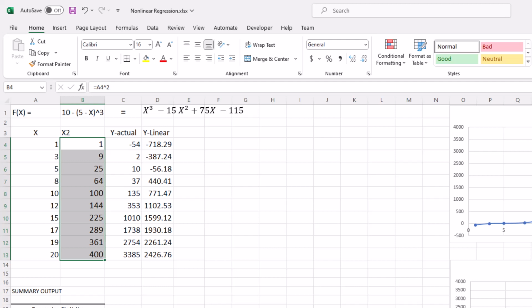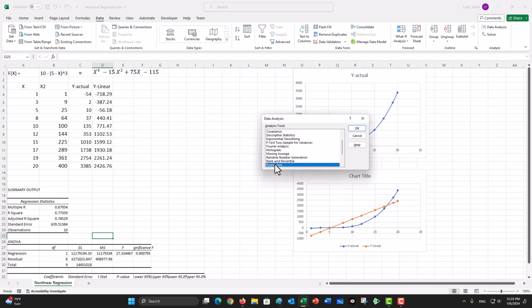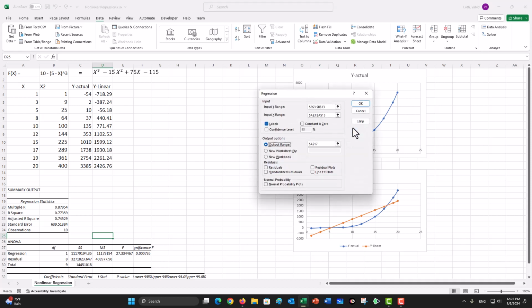So I'll go ahead and do another regression, this time using two independent variables. So again, we click on data, data analysis, regression, click OK.